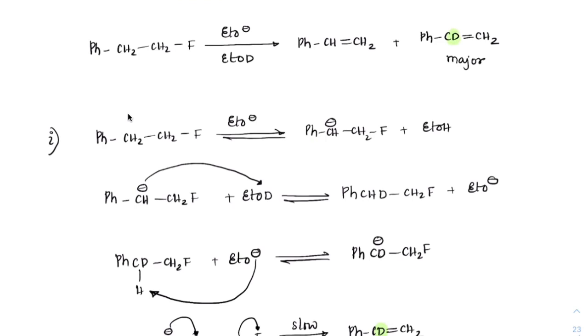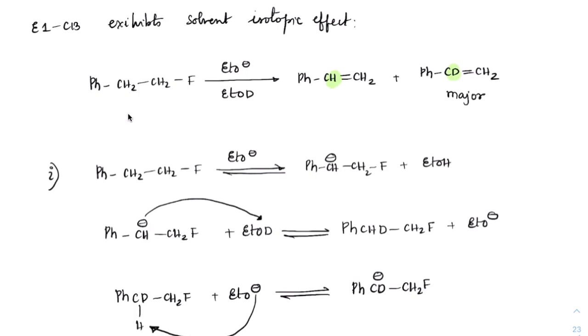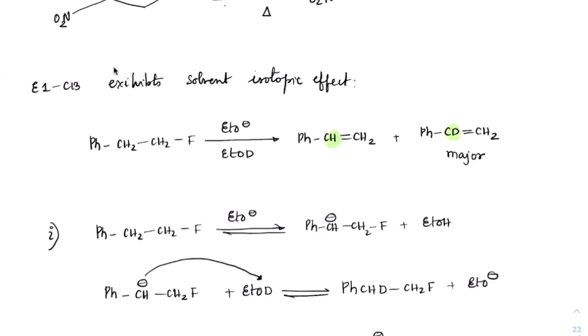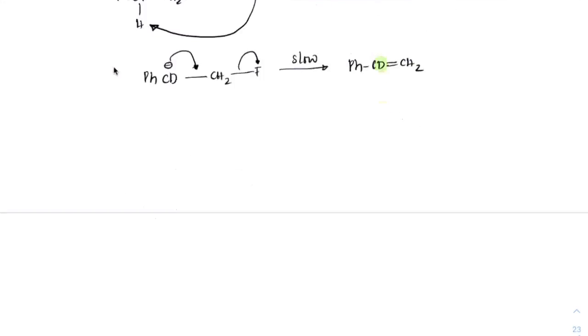So this is a D here, this is an H here. When you have a solvent which contains deuterium, there is most likely an exchange of hydrogen. This is called solvent isotopic effect. So whenever you come across this question, make sure you write both products, and the one with D will be the major product.